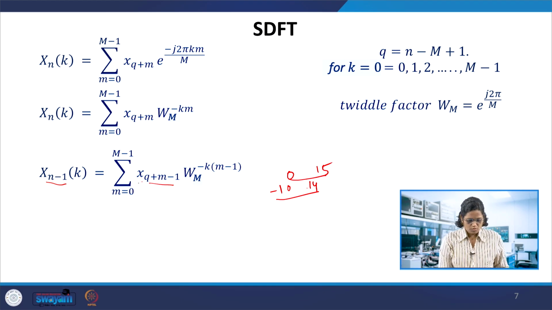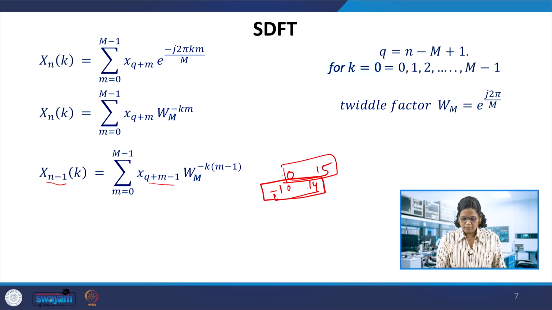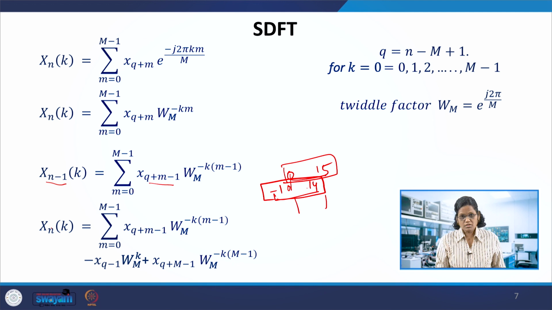So this holds true for the same cases. This would give the DFT of the previous window, and the current window is 0 to 15. There is an overlap from 0 to 14 with respect to the previous window, and I subtract one sample and add one sample in the current window, so that using the previous instant DFT you can get the present instant DFT.